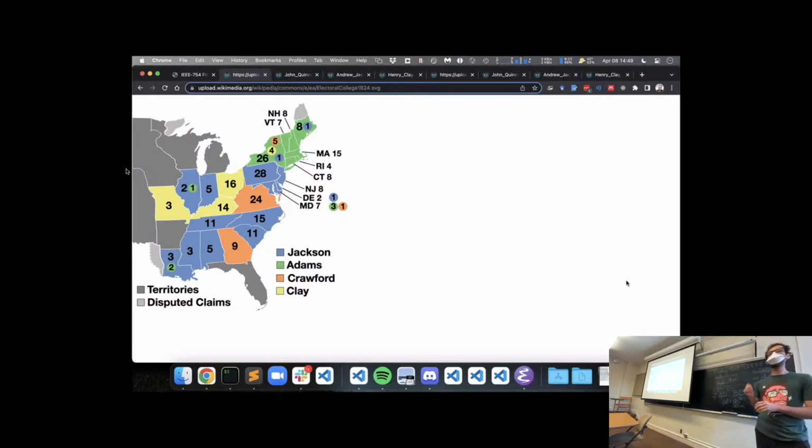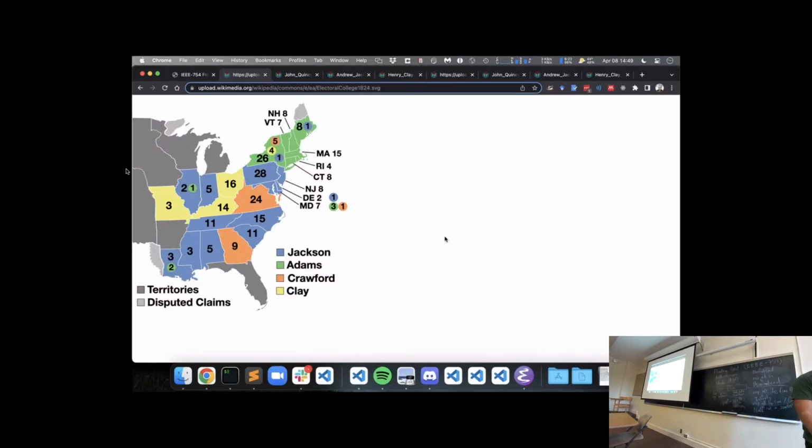And you may be looking at this electoral college map, and you may say, well, it really doesn't look like Adams won this election. And that would be an astute observation. Adams got both fewer electoral votes and fewer actual votes than Andrew Jackson, one of his competitors.